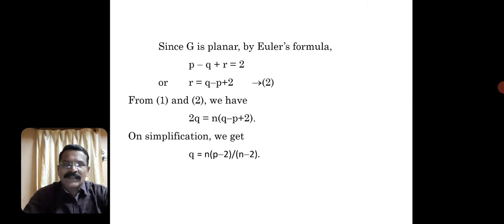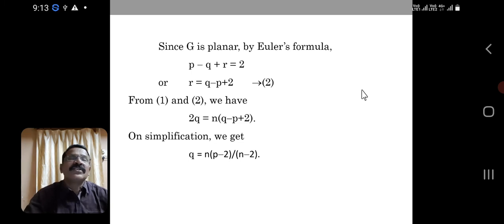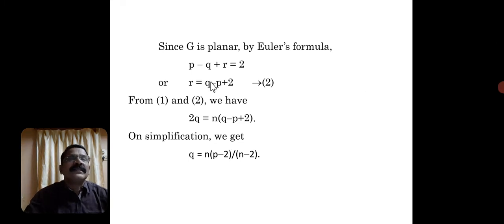If you reshuffle the equation in terms of r, r is equal to q minus p plus 2. This is the second equation. The first equation is p minus q plus r equal to 2, which is Euler's formula. I forgot to mention that.